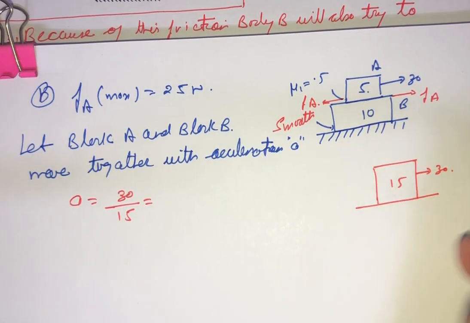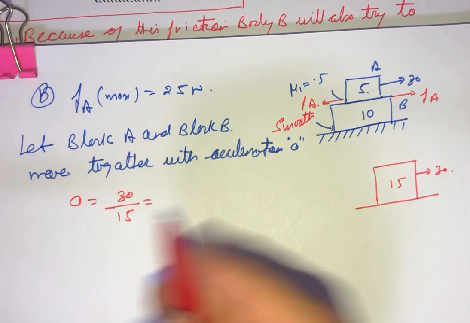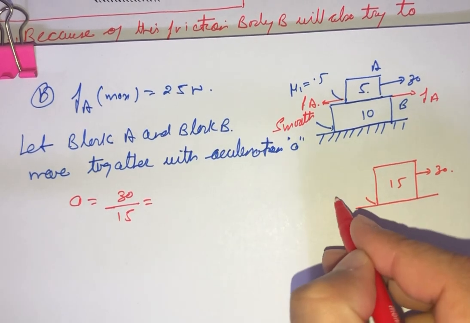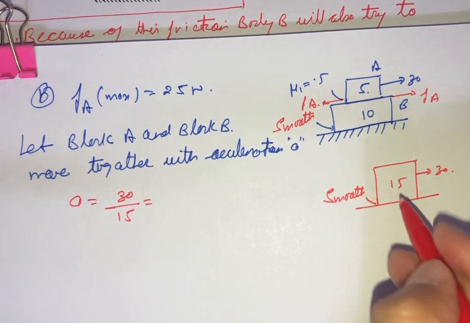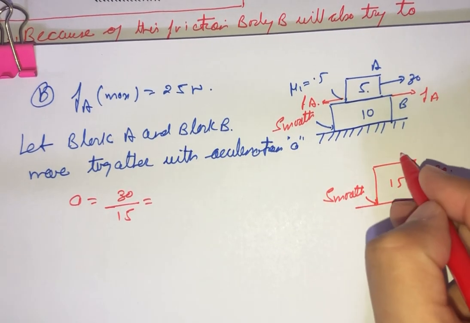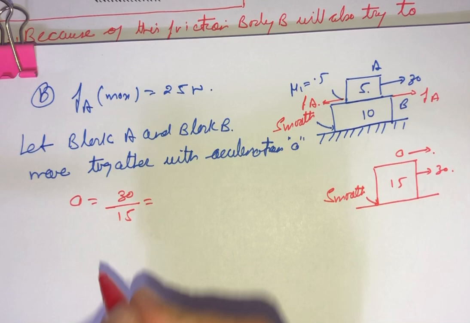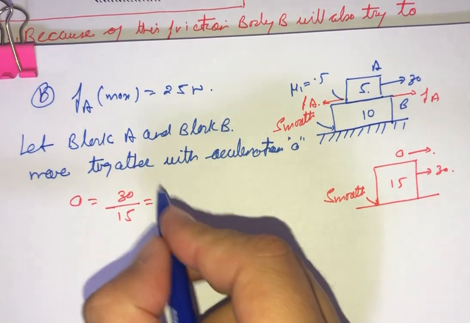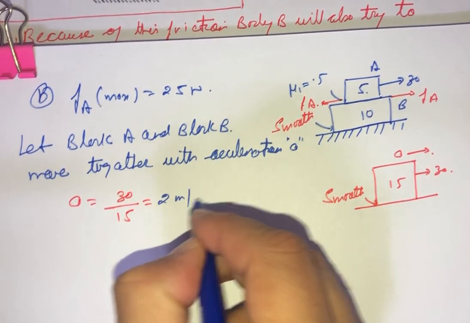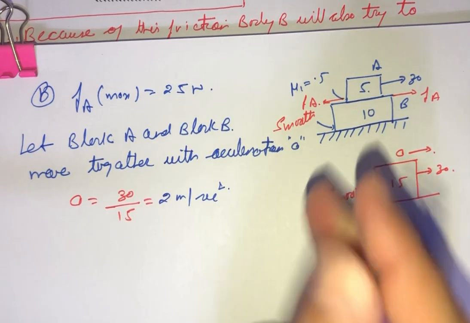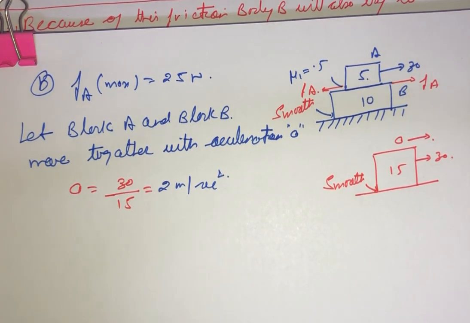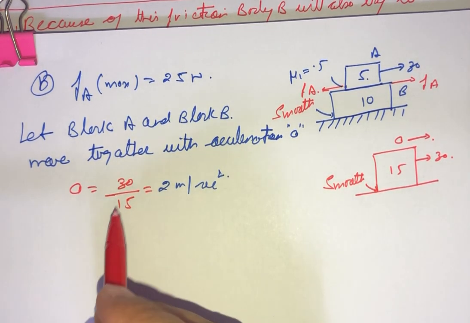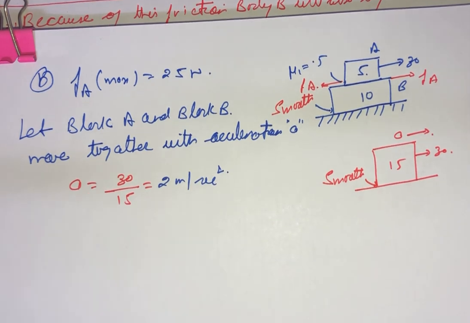And this is a smooth surface, so there will be no opposing force. So if they are traveling with a in this direction, we get acceleration as 2 meter per second square. Now we are going to check whether this condition is possible or not.